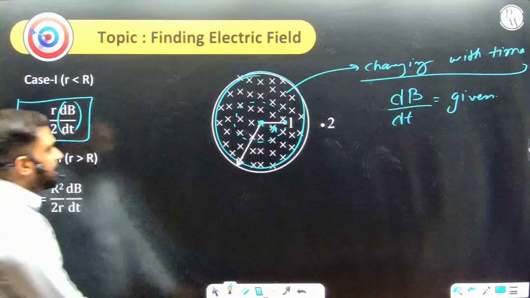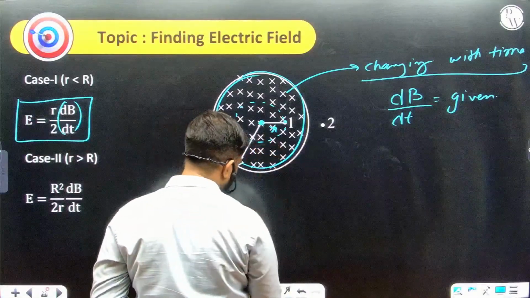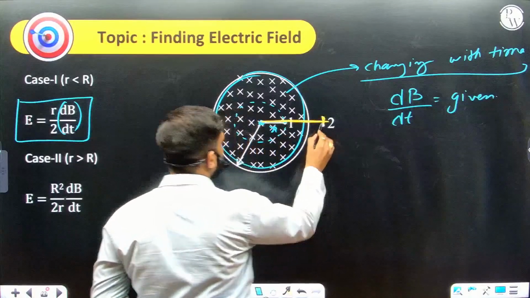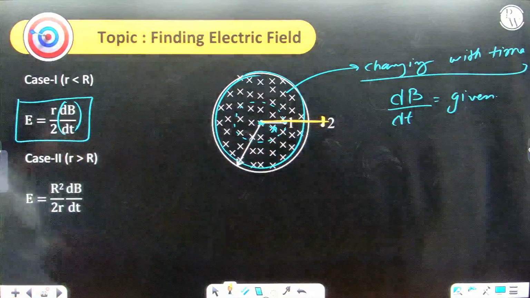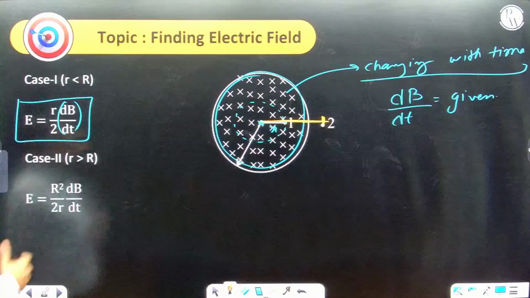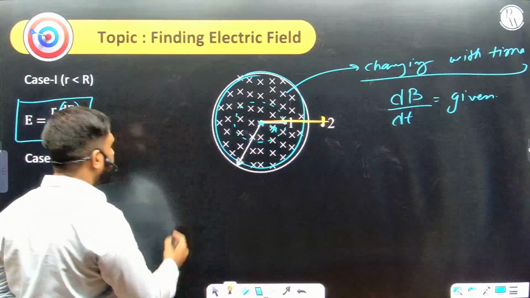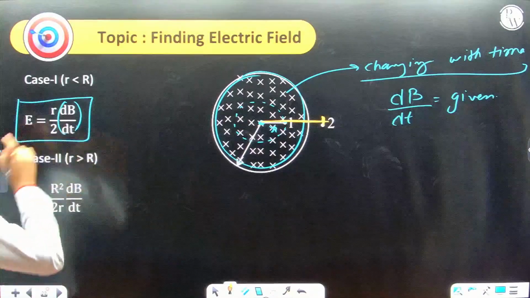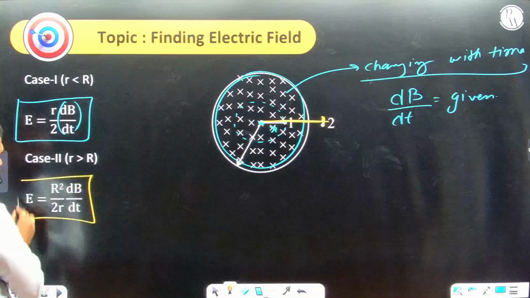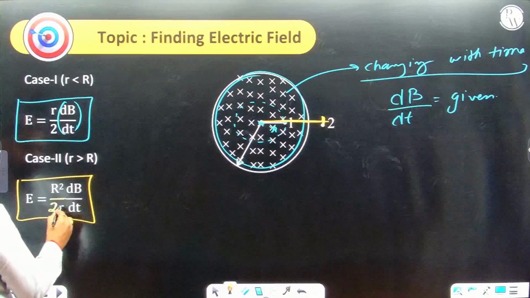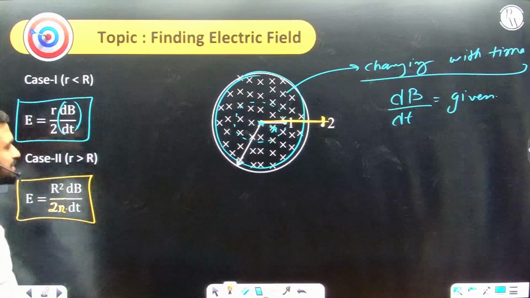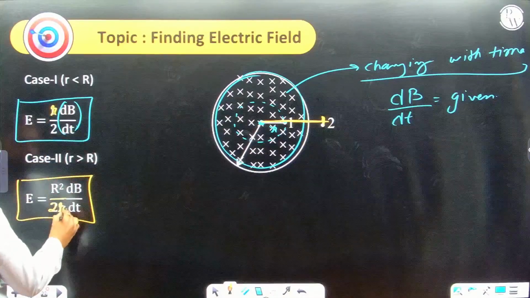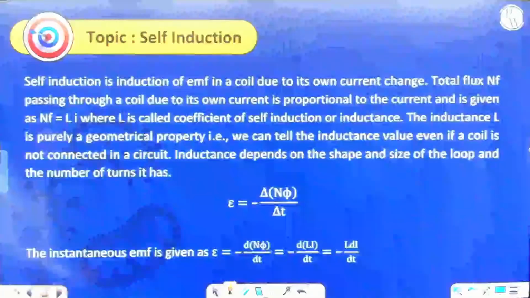And if I take any point which is outside, like the point 2, using the formula of induced EMF d phi by dt, and then the induced EMF is minus E dot dl formula, I can easily get the second result also, r square upon 2r dB by dt. So inside it's proportional to r, and outside it is inversely proportional to r. Just remember these two things.